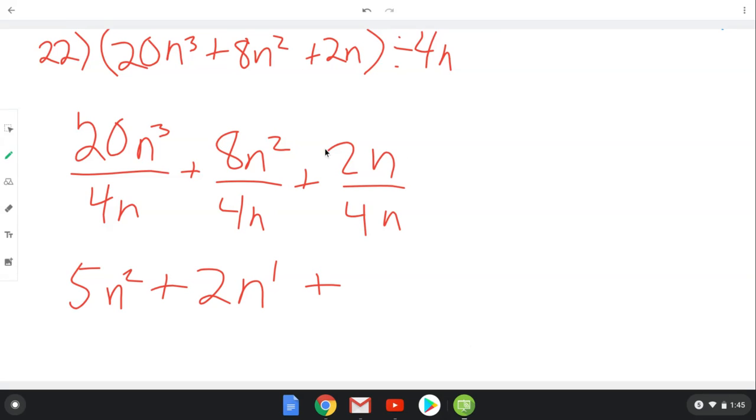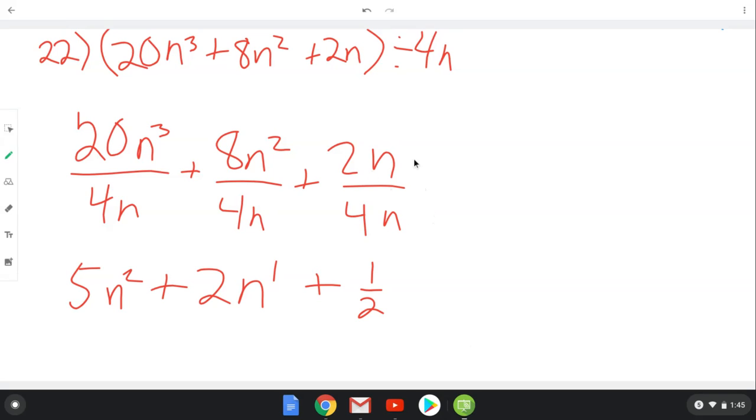And then we have 2 divided by 4 is a fraction. It doesn't reduce all the way, but reducing that fraction, if we divide both of these by 2, we get 1 over 2. So this is 1 over 2. And then n divided by n just cancels out.